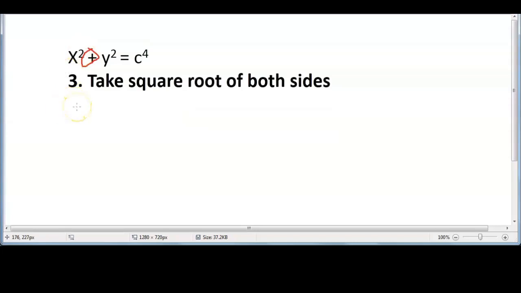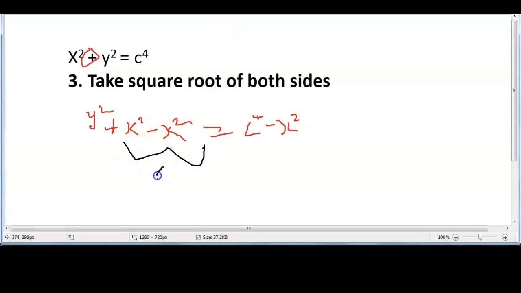That means we'll have, suppose I want to put y squared on this side, y squared plus x squared minus x squared equals c to the power of 4 minus x squared. x squared minus x squared is 0.